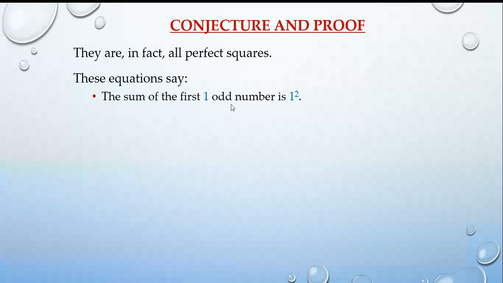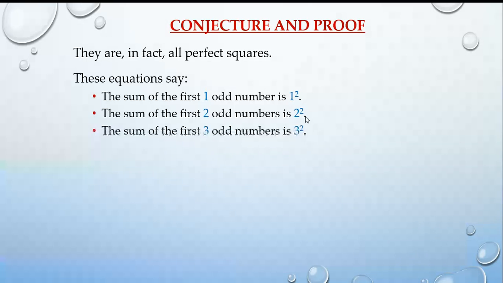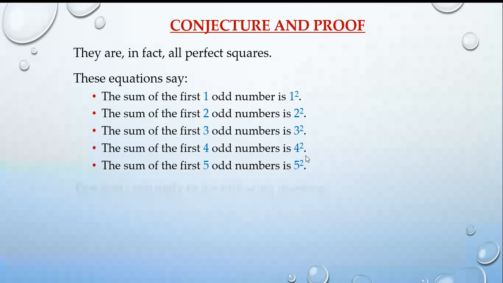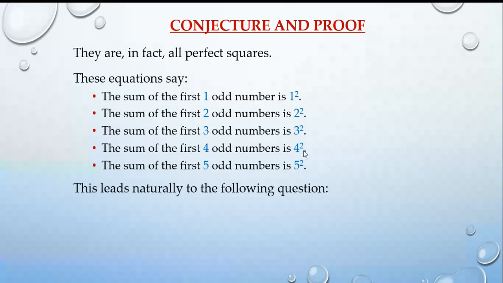The first odd number's sum is 1 squared. The first two odd numbers, 1 plus 3, give 4, which is 2 squared. The first three odd numbers, 1 plus 3 plus 5, give 9, which is 3 squared. When we add the first four odd numbers, we get 16, which is 4 squared. So all of these are perfect squares.